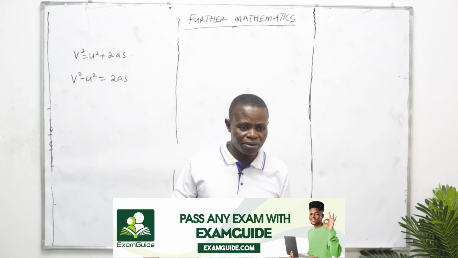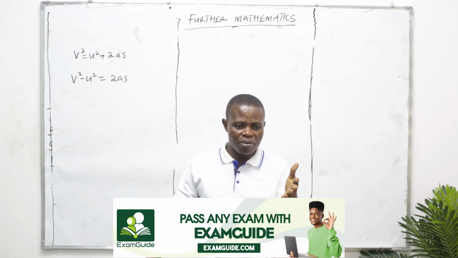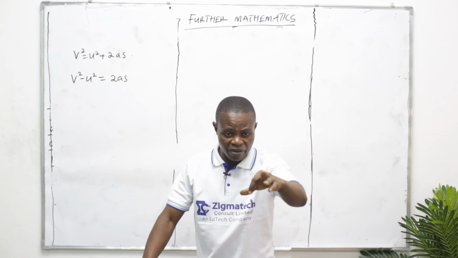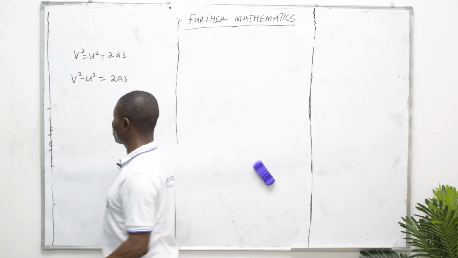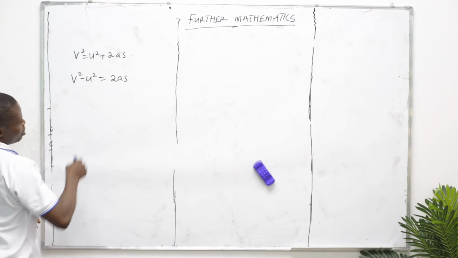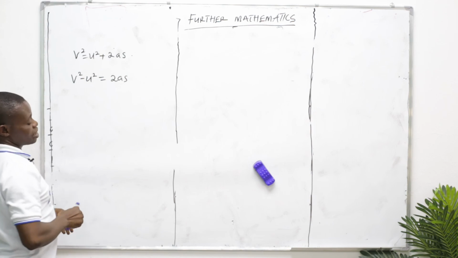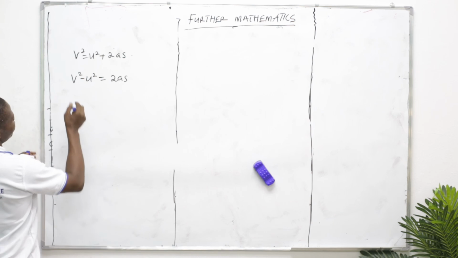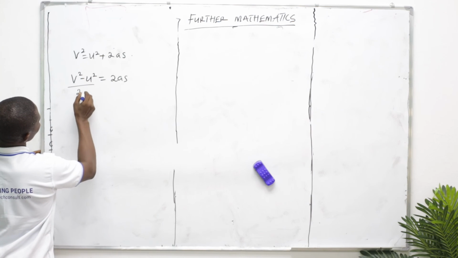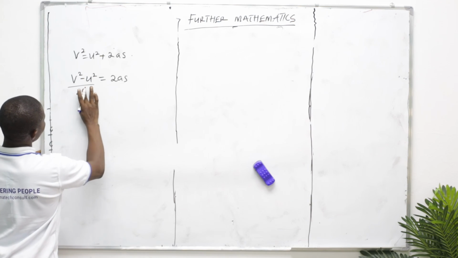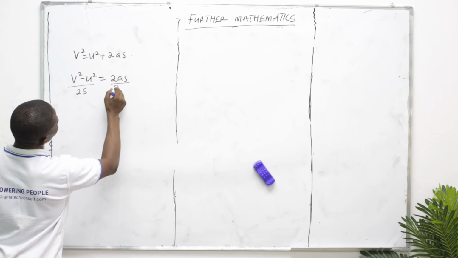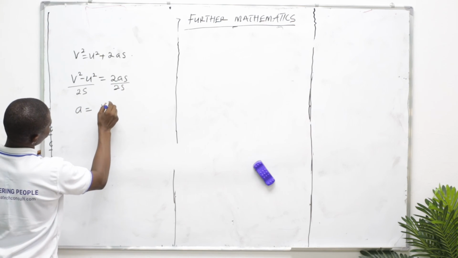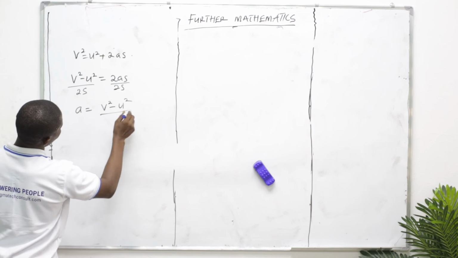Do you remember? Okay, a bus travels with a velocity of 6 meters per second, and the final velocity is 20 meters per second. Our interest here is to find acceleration. If we are to find acceleration, we divide through by 2s, so that a equals v square minus u square all over 2s.